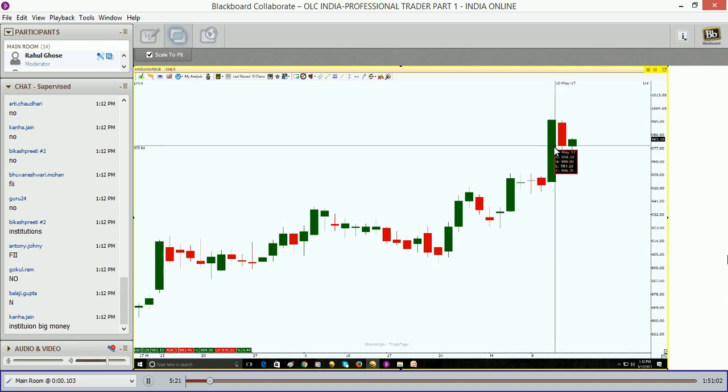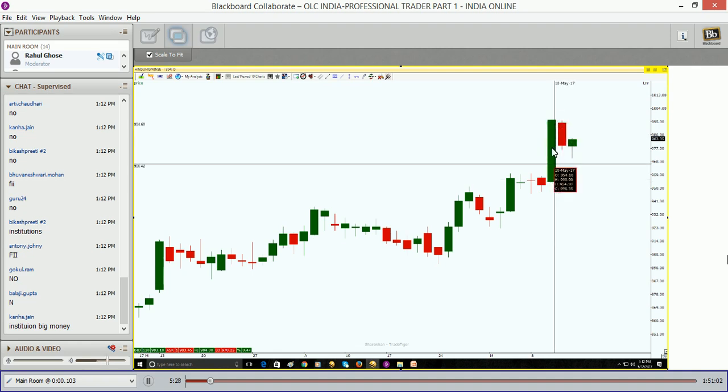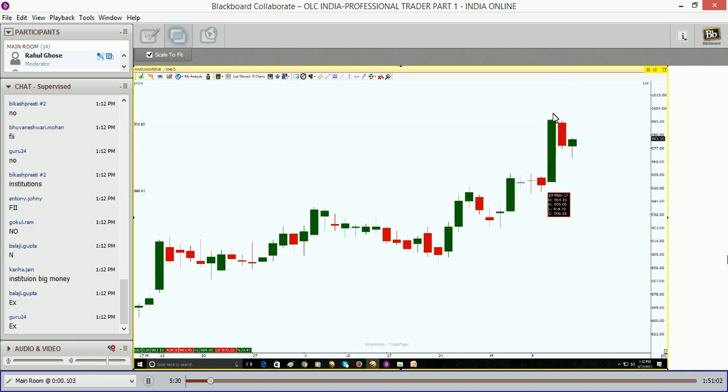I mark this entire big move. Now, this green candle, is this a boring candle or an exciting candle? Exciting. Very evidently, you will notice that the body is much greater than the wick. I call this exciting candle my leg out.